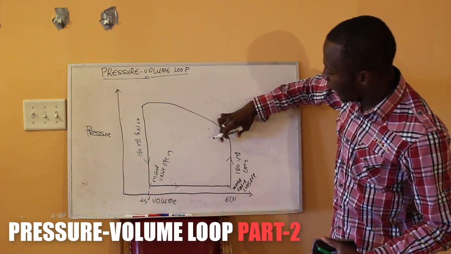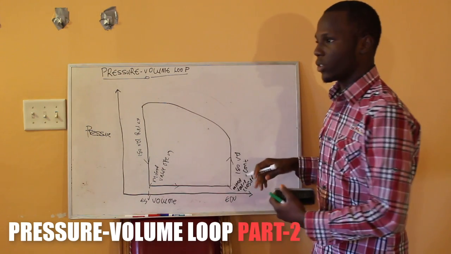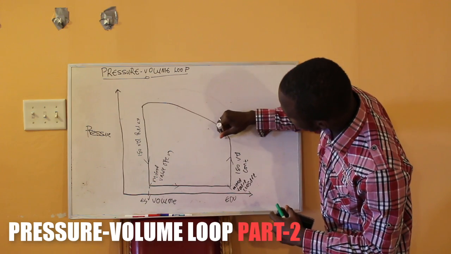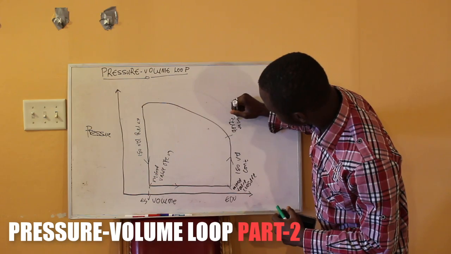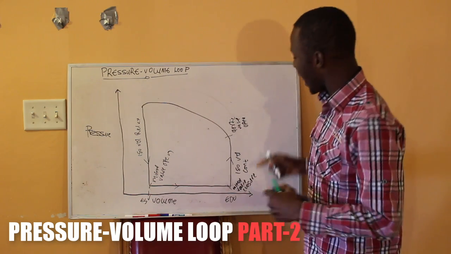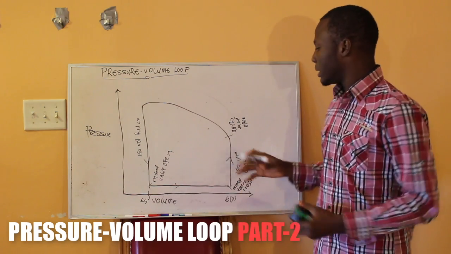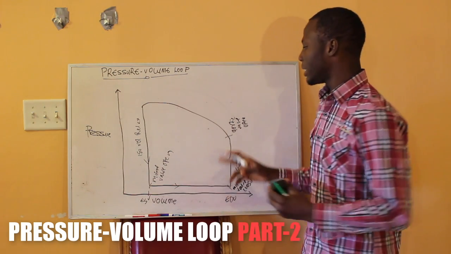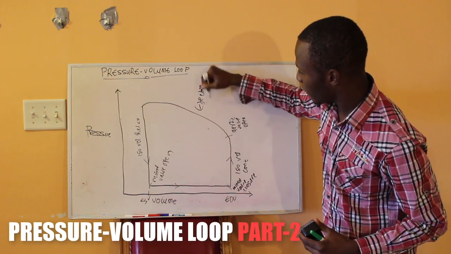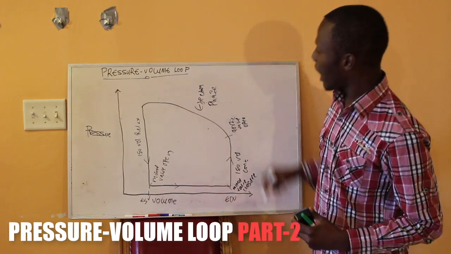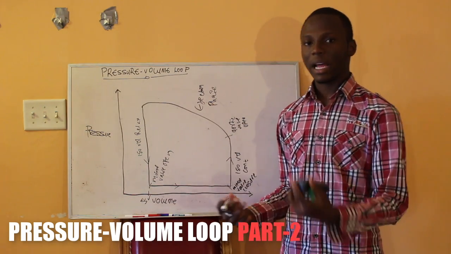After the isovolumetric contraction, as I said earlier, we have the ejection phase, and this is when our aortic valve opens, because the pressure in the ventricle now overcomes the pressure in the aorta. The aortic valve has to open, then you have the ejection phase. And after the ejection phase, back again, we now have our isovolumetric relaxation.